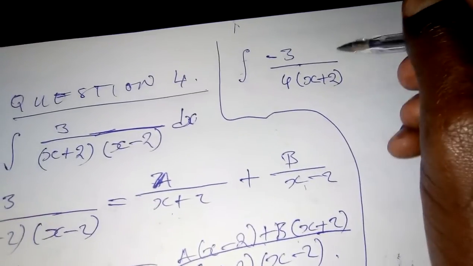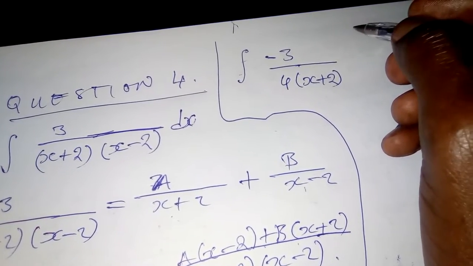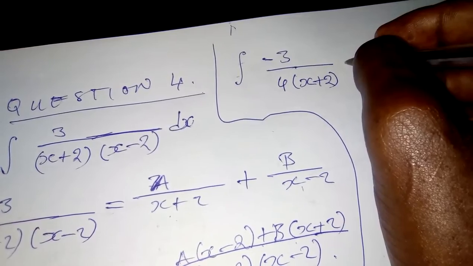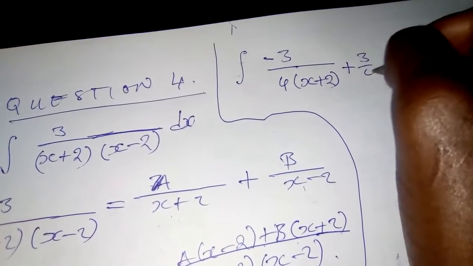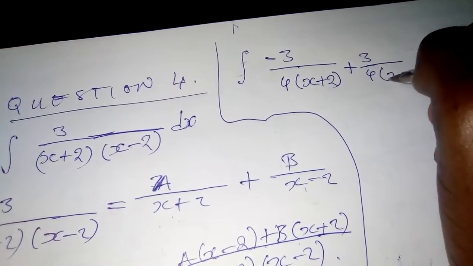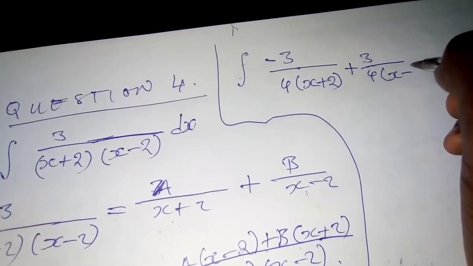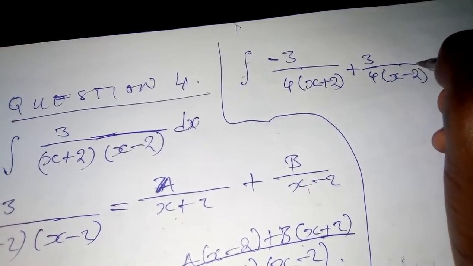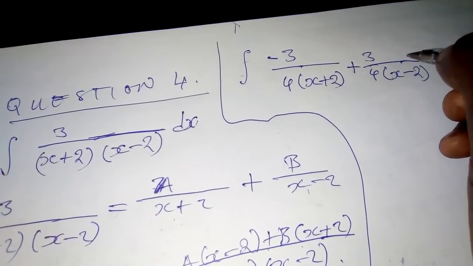And then this is going to be positive 3 over 4. Then the denominator of course there will be x minus 2, like that. So this would be dx.